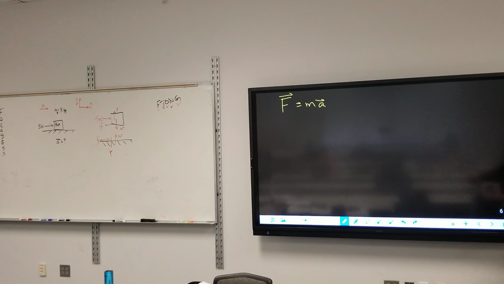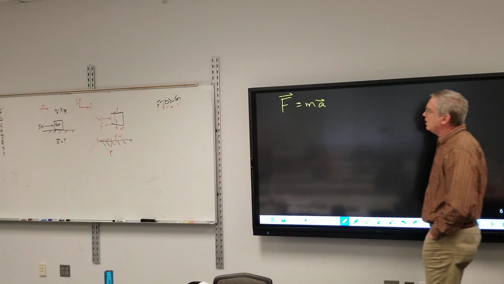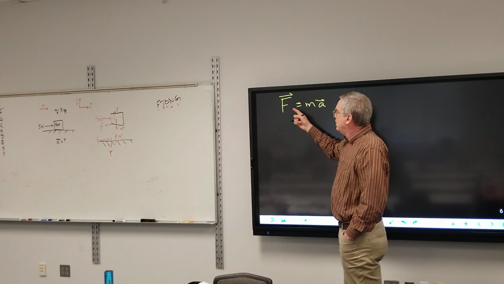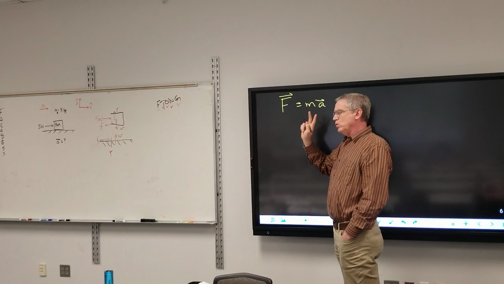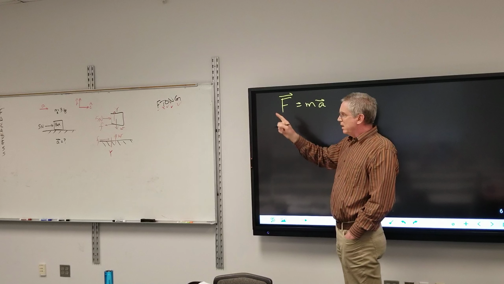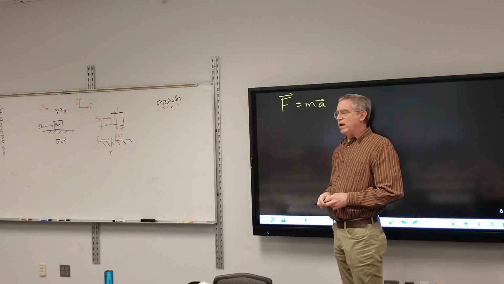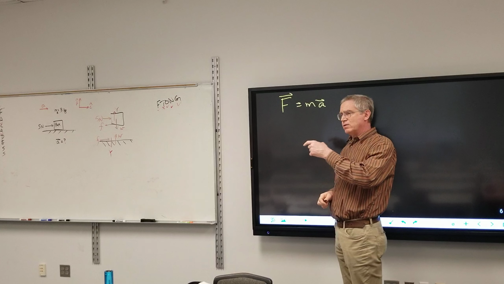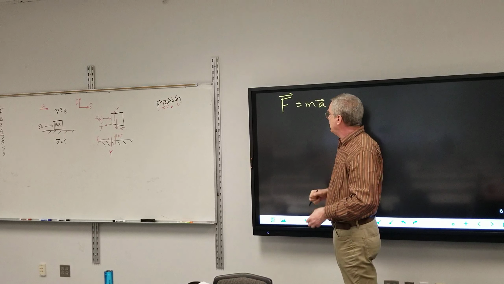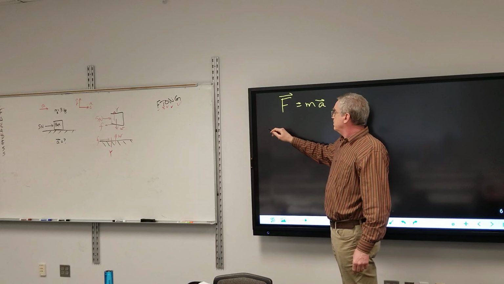On the left-hand side of the equation, I'm going to have my forces. On the right-hand side, I'm going to have my mass and acceleration. So I'm going to have two equations here, an I hat equation and a J hat equation. So every dimension for each object will produce an equation.